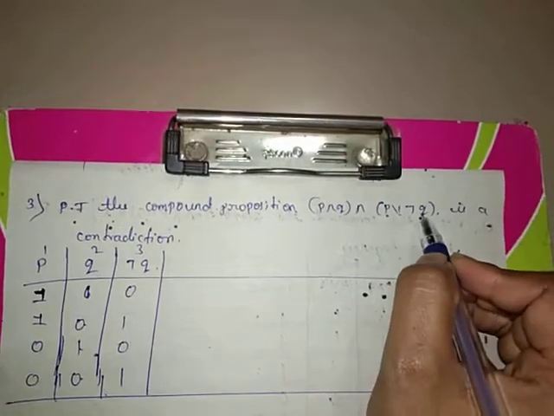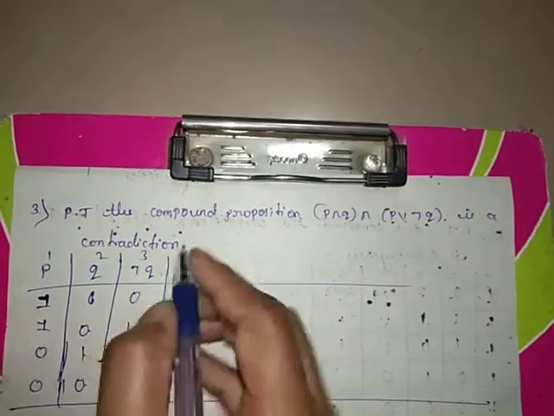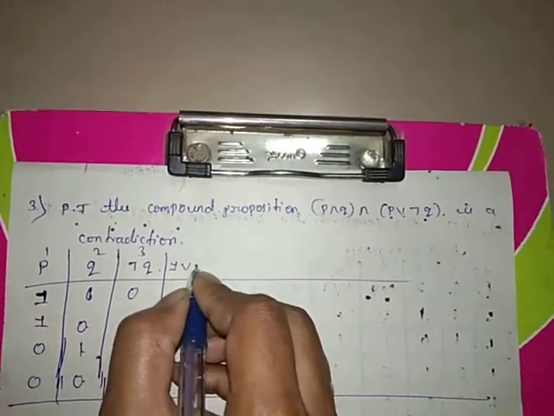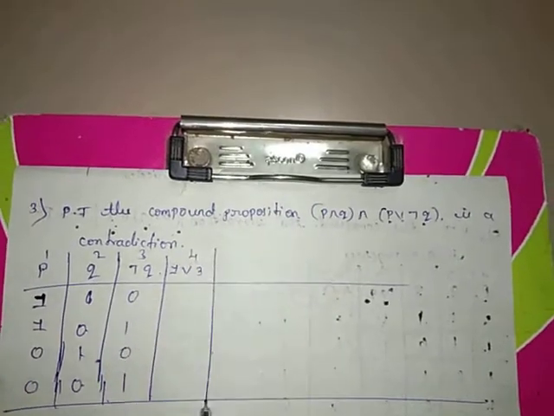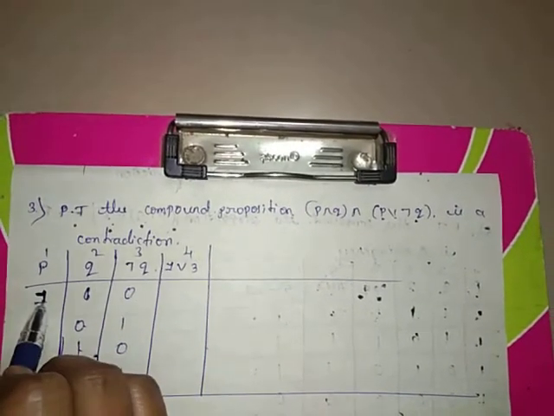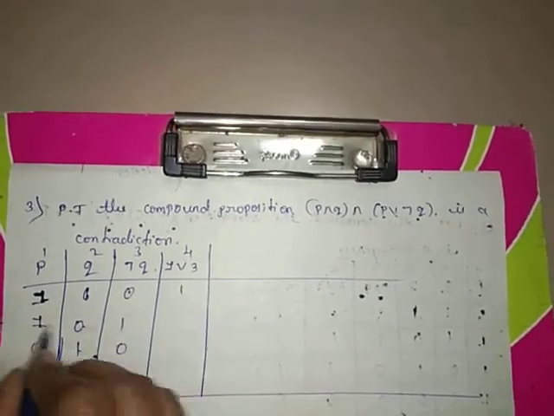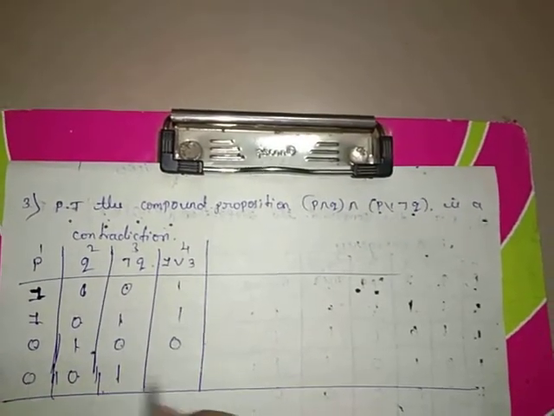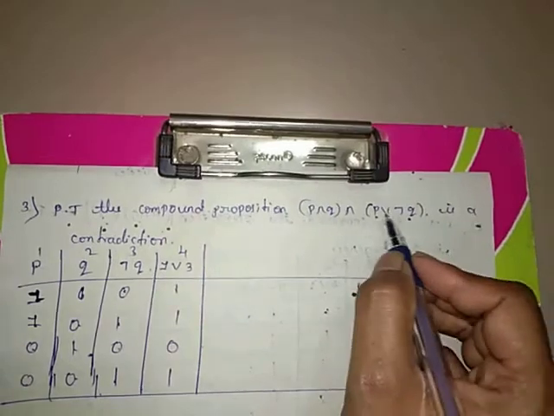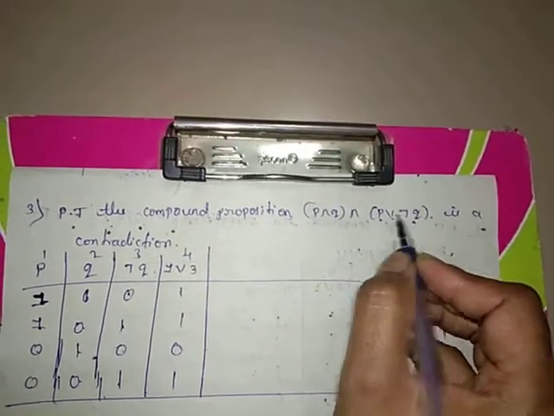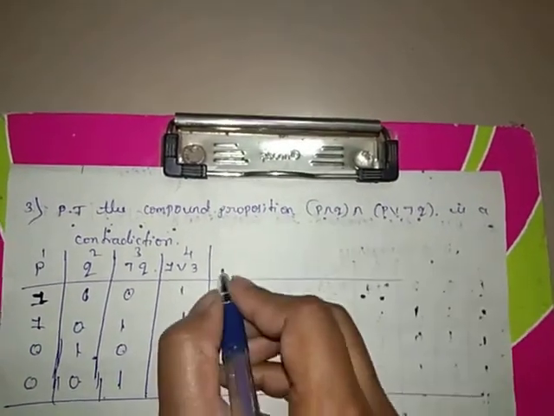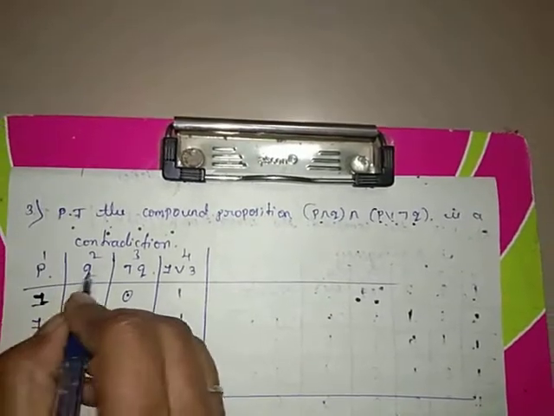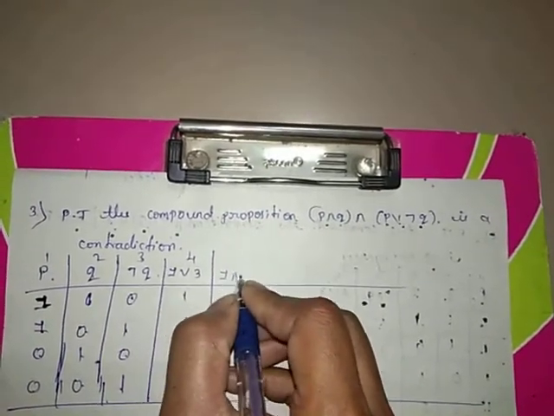Negation of Q: 1 0, negation of 0 is 1, negation of 1 is 0, negation of 0 is 1. P or negation of Q, column 1 or 3: 1 or 0 is 1, 1 or 1 is 1, 0 or 0 is 0, 0 or 1 is 1. That is P or negation of Q. Next P and Q, meaning columns 1 and 2.